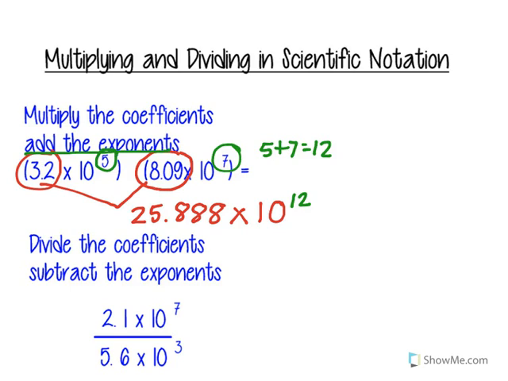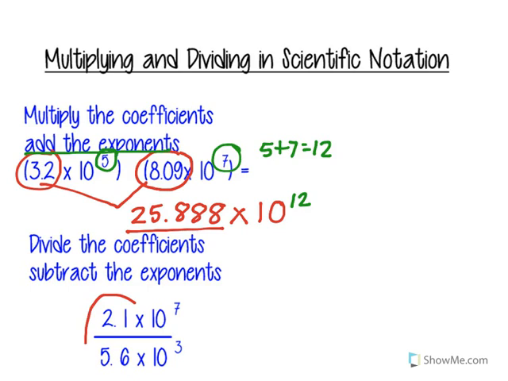And this number right now is not written in scientific notation because the coefficient has to be between 1 and 9.9. So we're going to rearrange the decimal in a little bit to figure out how to write that in scientific notation. But first, I'm going to divide the coefficients and subtract the exponents for my next example.